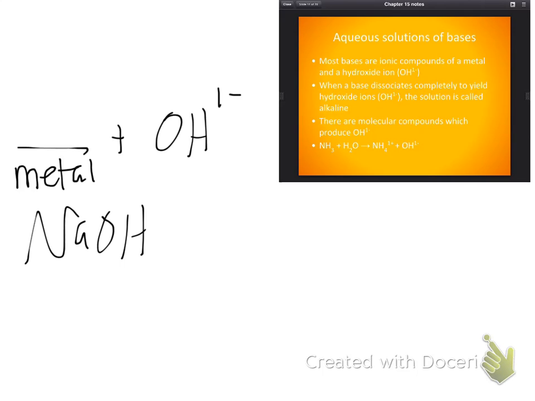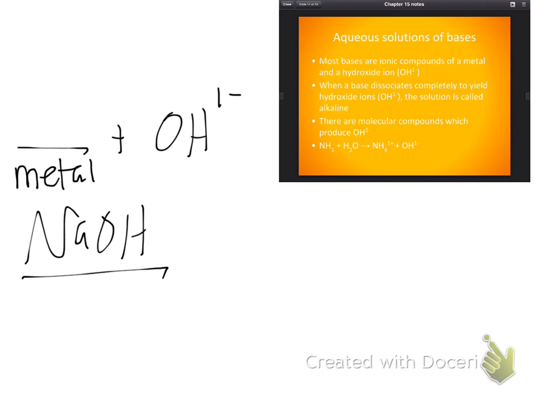So when we have a base like this, now this is an ionic compound. If we put it into water and we ended up with a solution full of ions, what process would have occurred? Ionic solution into water, solution full of ions. Dissociation. Yeah, dissociation.